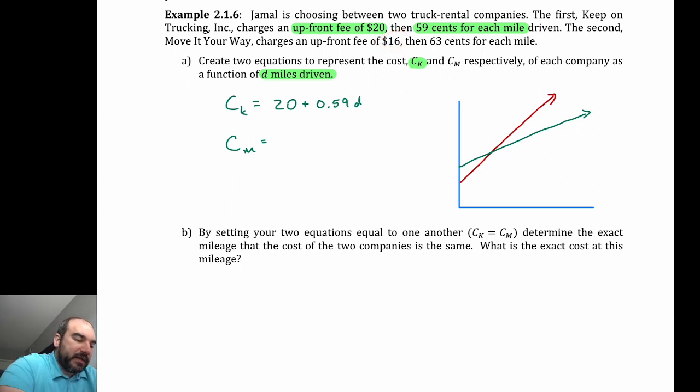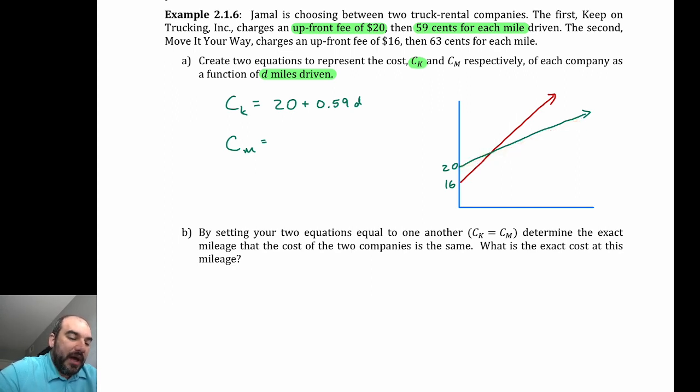So this would be like the 16, and this one would be like the $20 that you pay up front. And then the $16 upfront one will have a steeper slope at 63 cents for each mile. That'll be this one here. And then the $20 one has an easier slope over time.